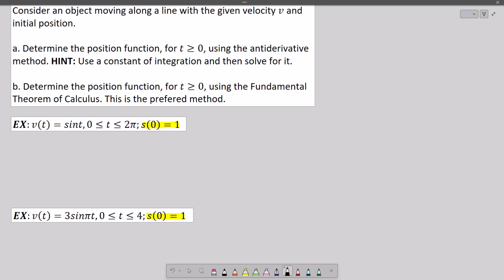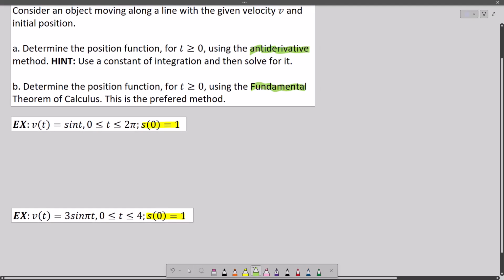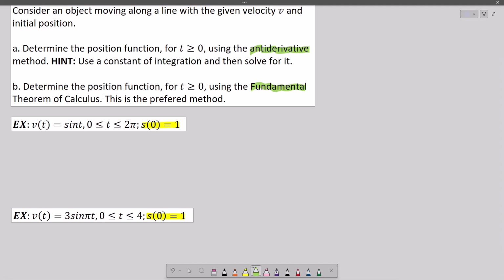There are two things here. One says determine the position function using the antiderivative method. And the other one is using the FTC, the fundamental theorem of calculus. So there is a difference. This is the preferred method. This is the method you did learn in Calc 1.